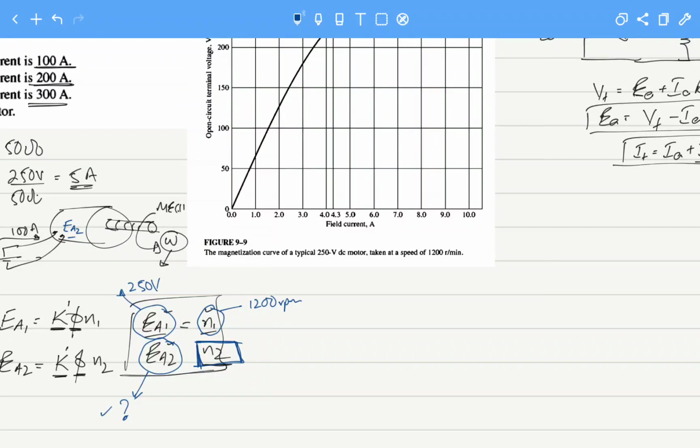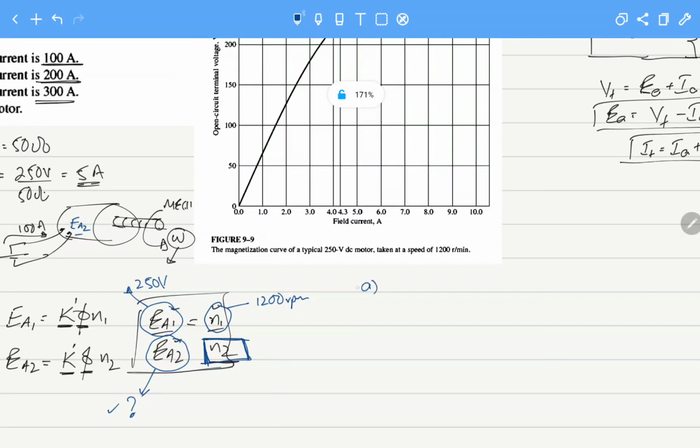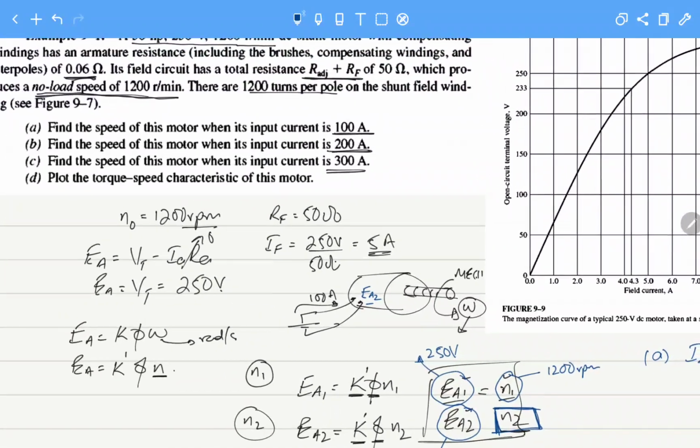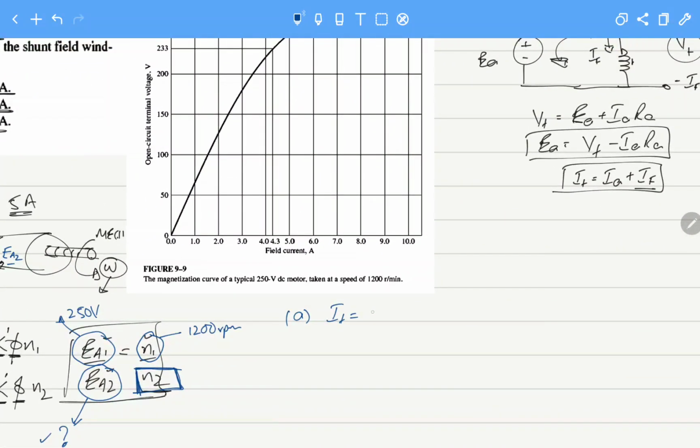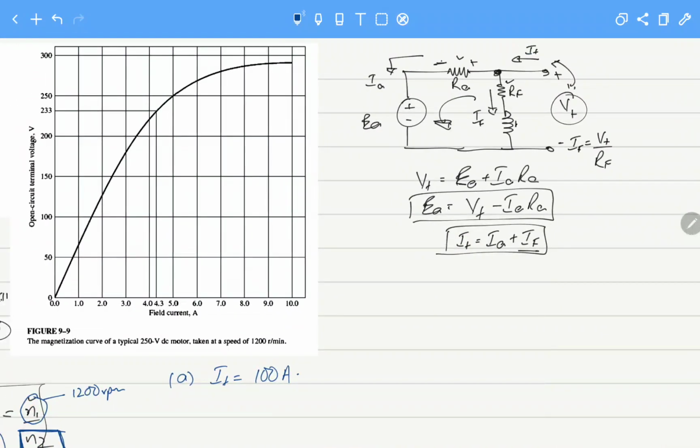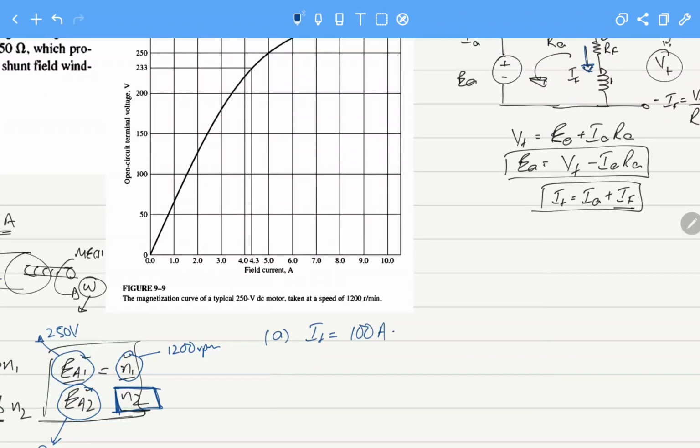So for part A, it is saying IT equals 100 amperes, so the load is 100 amperes. For the machine, some of the current goes to the field and some goes to the armature.